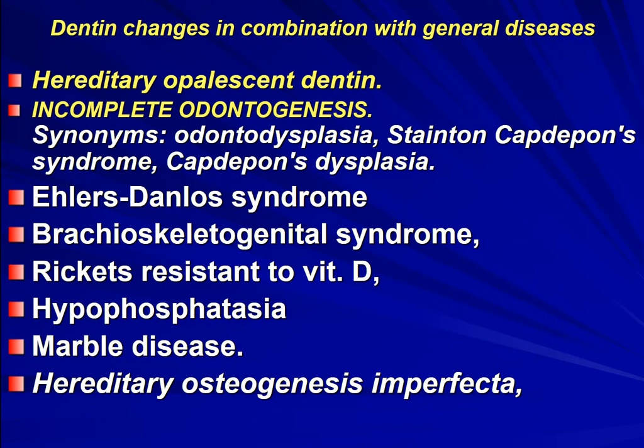Synonyms: odontodysplasia, Stanton-Kapdepon syndrome, Kapdepon dysplasia, Ehlers-Danlos syndrome, brachioskeletal syndrome, rickets resistant to vitamin D, hypophosphatasia, marble disease, hereditary osteogenesis imperfecta.